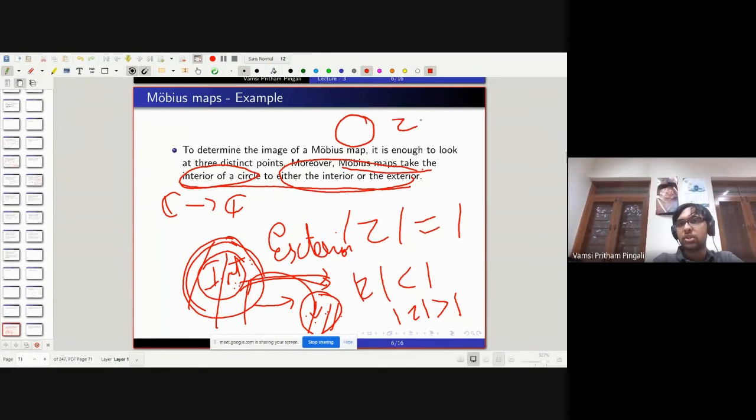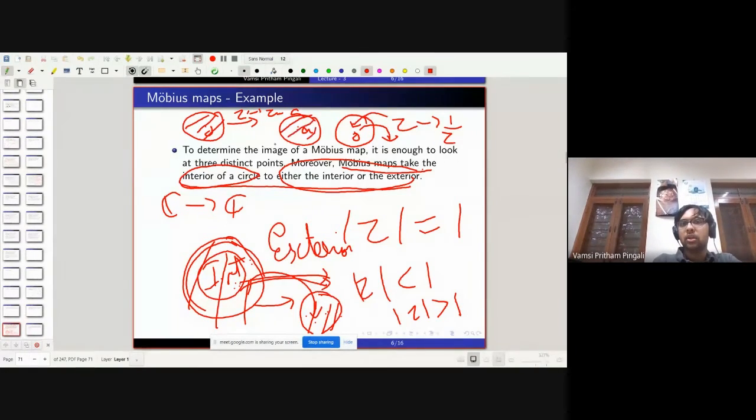If I take z goes to 1/z, what happens to the unit disk centered at the origin? This interior goes here, the exterior goes to the interior. Suppose I take a translation, z goes to z + a, this goes to another circle centered at a. The interior, of course, goes to the interior. If I take a rotation, the interior goes to the interior, and the exterior goes to the exterior.